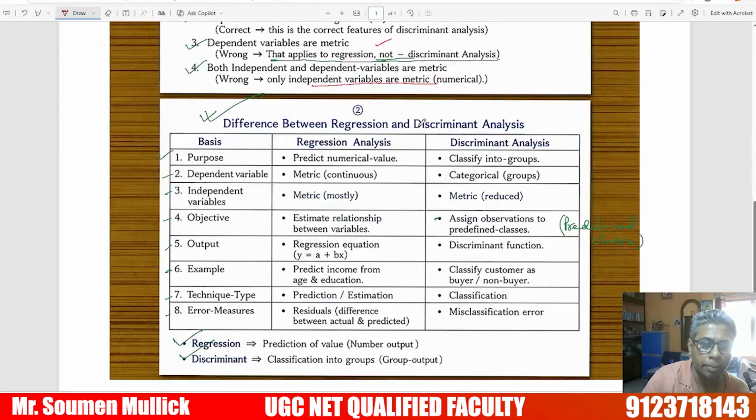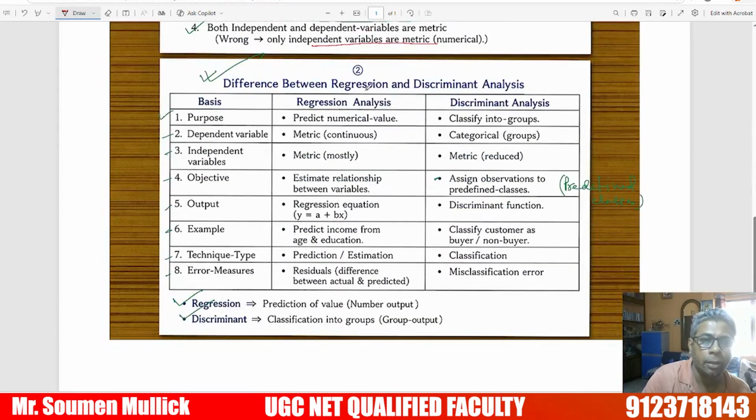Now, this is the comparative study between regression and discriminant analysis. The purpose of regression analysis is to predict a numerical number. The purpose of discriminant analysis is classifying. The dependent variable of regression analysis should be metric, continuous, and the dependent variable of discriminant analysis should be categorical.